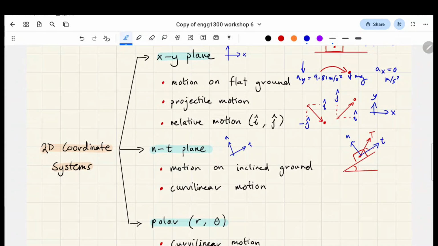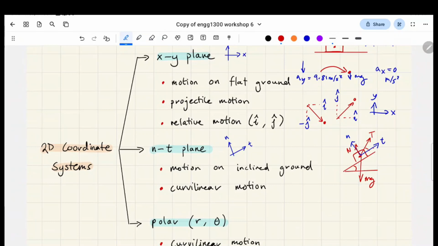So when you're taking the sum of the forces, you can take it in the n and t directions. By the way, there's its weight like that, so its normal force would be like that.